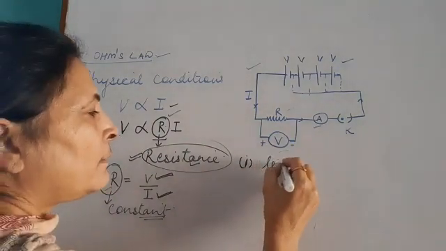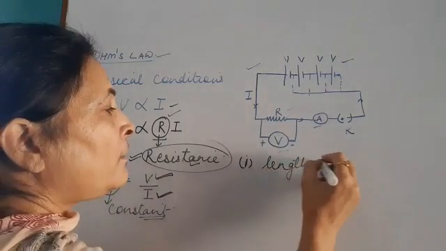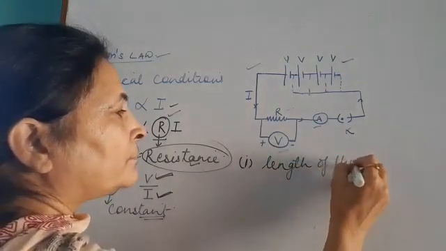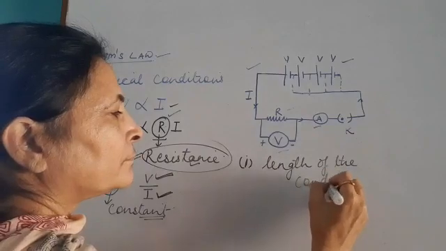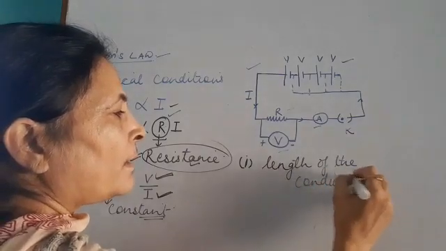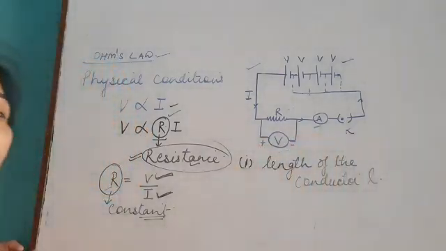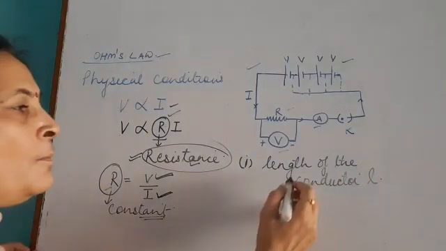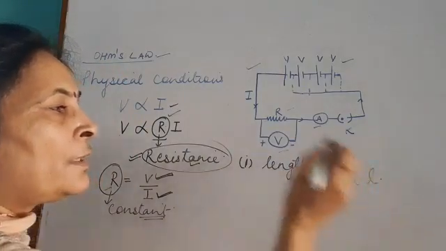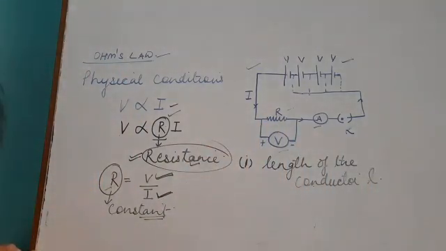This resistance is seen to be dependent upon, number one, length of the conductor. That is L. More is the length of the conductor, more is the opposition. Less is the length, less is the opposition.